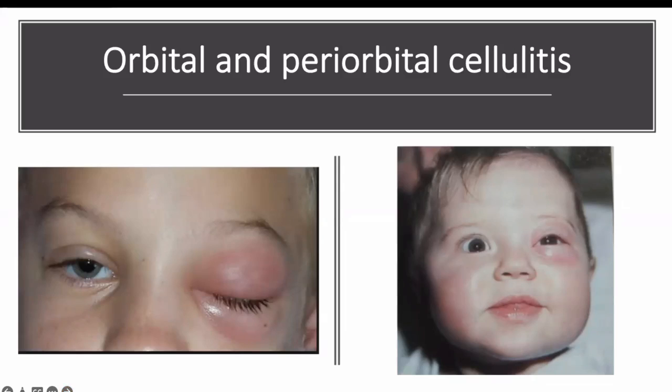So we are at our last serious pediatric infection, which is orbital versus periorbital cellulitis. For those two babies, can you demonstrate the signs and symptoms for both, and which one you think had just periorbital, and which one you think had orbital?